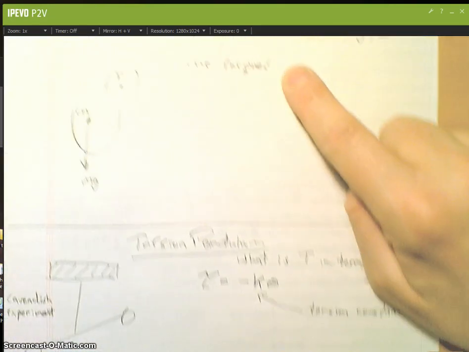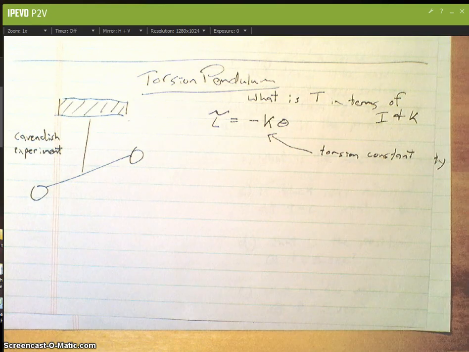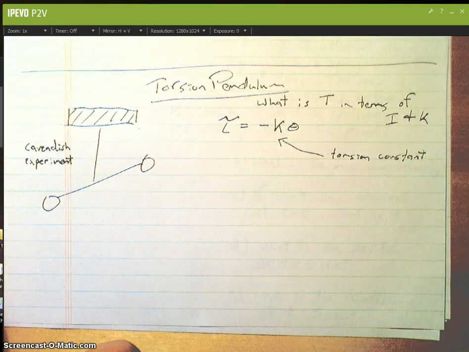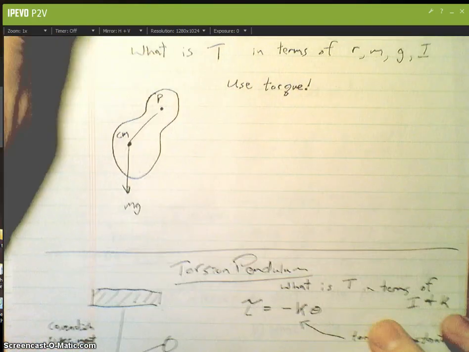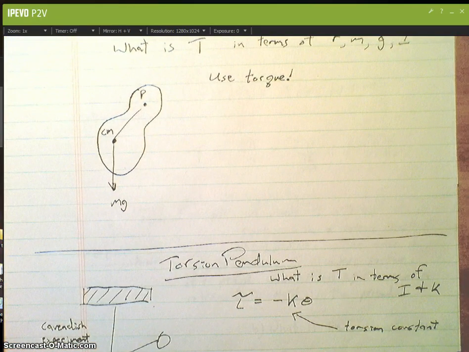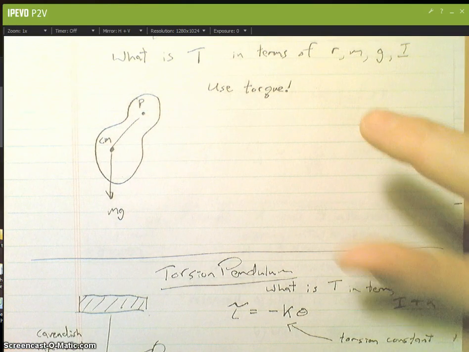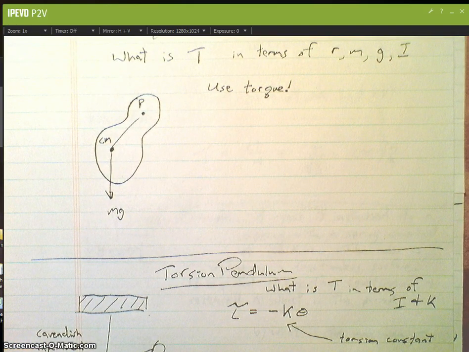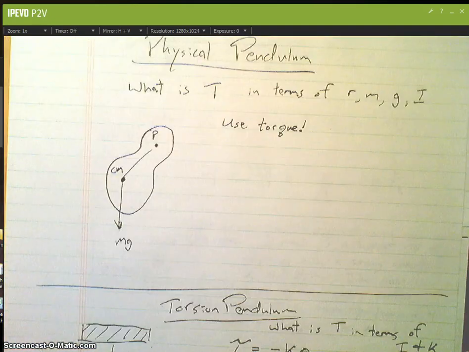In one you use R cross F, in this one you set kappa theta equal to I alpha. Find your omega squared and solve for T. Good luck. See if you can get these done for Monday. They're really quite straightforward. I would say there's maybe 4 lines that you'll go through before you get to the final period for both the physical pendulum and the torsion pendulum.